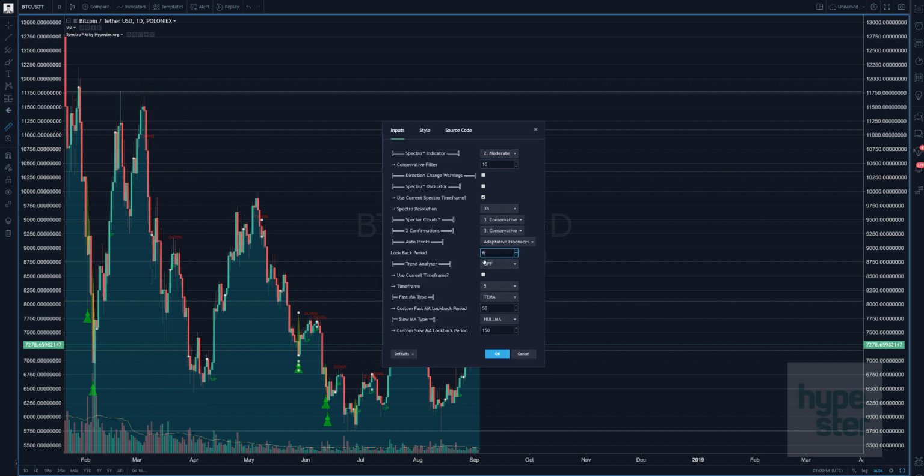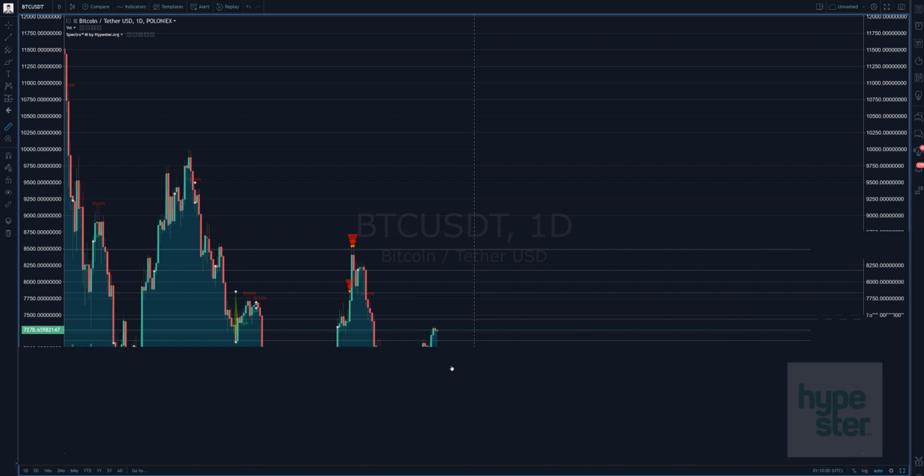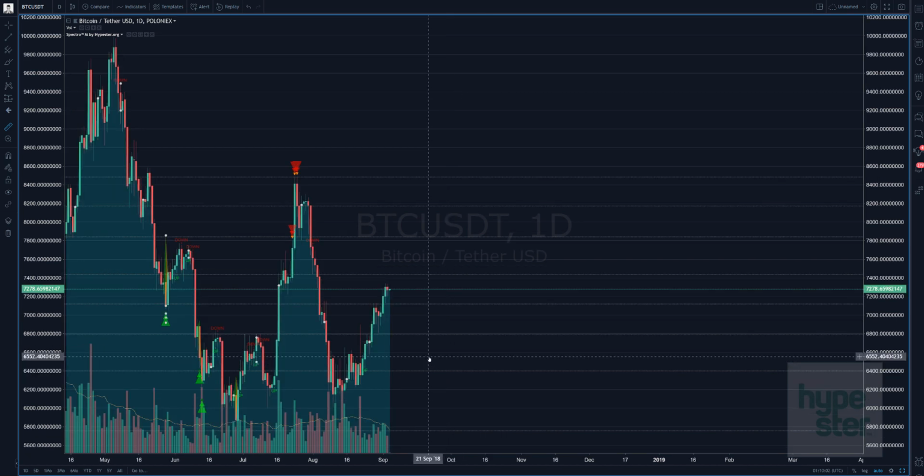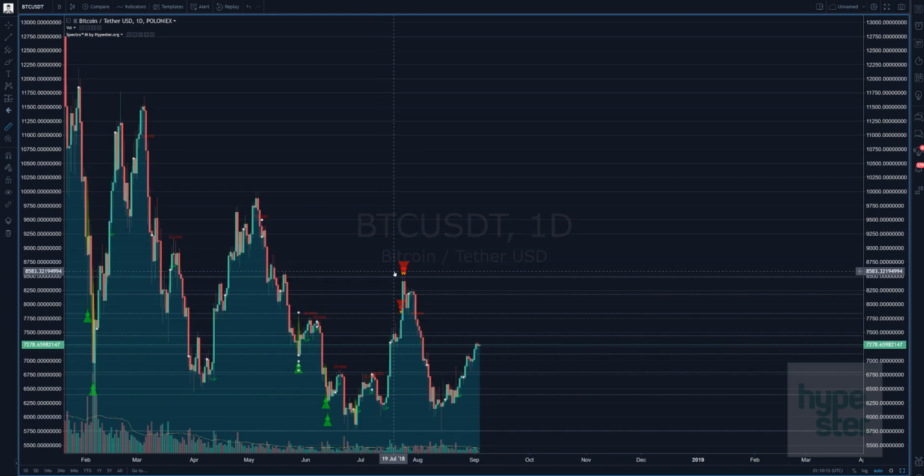So I already left a number that I think it's fine, but it's important that you understand context. So that's what the adaptive Fibonacci does for you. Pretty much it keeps calculating, whatever you are. So it's pretty straightforward. It's really good for scalping or day trading or swing trading.